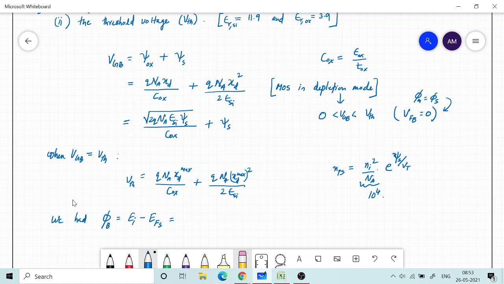So this divided by q, because Ei is in electron volts, so you need to divide by q and you get 0.35 volts. So we have only applied a much smaller voltage in comparison to phi b.